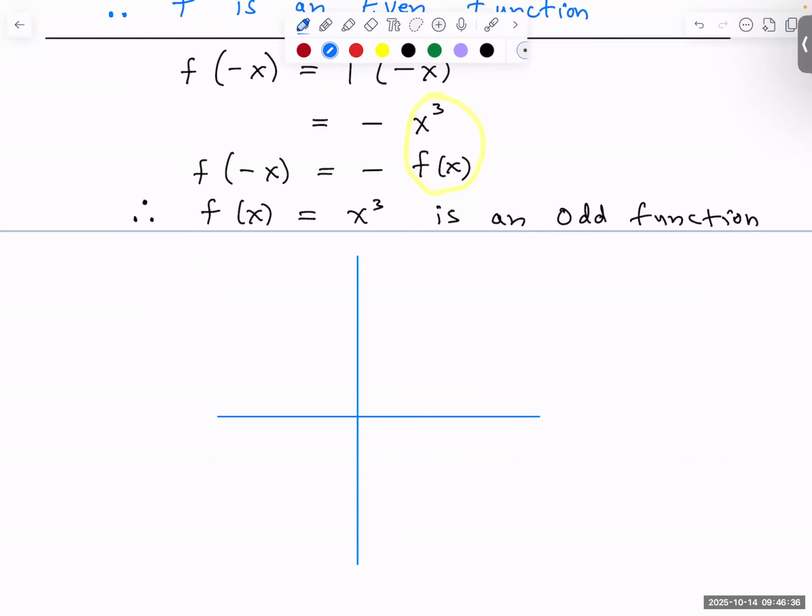The cubing function, well, if we input 0, 0 cubed is 0. If we input 1, 1 cubed is 1. If we input 2, 2 cubed is 8. So let's make 8 about here.